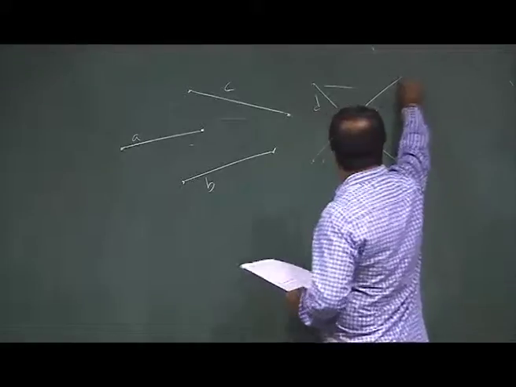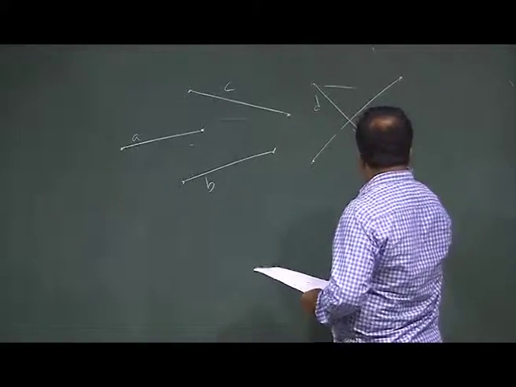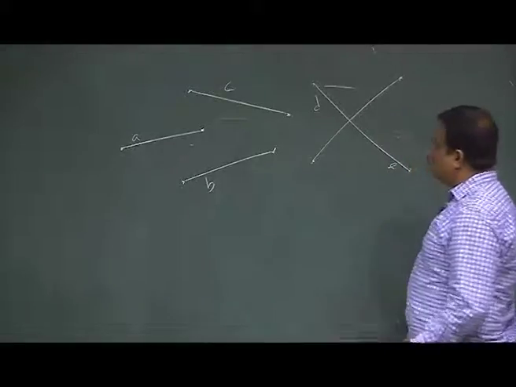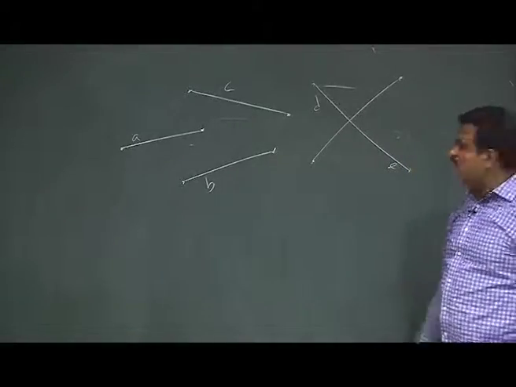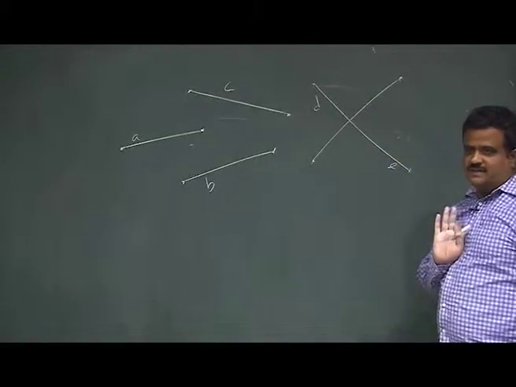A line has no starting point and ending point, but a segment has a starting point. This is the E line. So suppose these are our input, there are n line segments. Now we want to know if any pair of these segments intersect. So that is the idea.